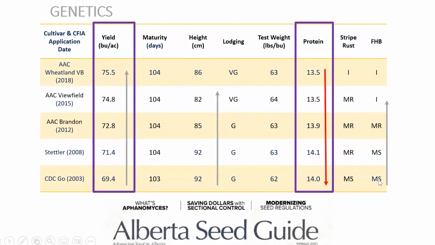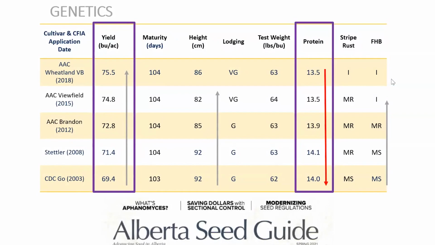And you can see this trend where CDC Go has a moderate susceptibility to Brandon being moderately resistant, and our newer lines with intermediate ratings. So you can see this overall progress, but there's not one clear winner. And that's where farmers need to make decisions about what is the best variety for their farm.